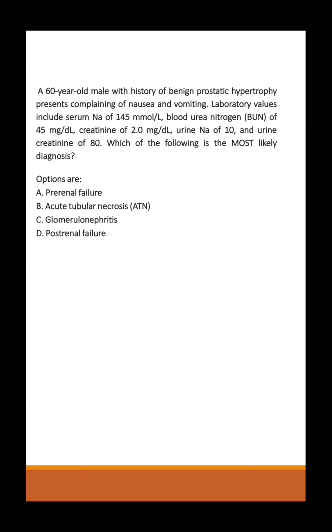Urine sodium is 10, a little bit higher, and urinary creatinine is 80. I have BPH and I'm now frequently vomiting, and your investigation reveals high creatinine, sodium up to the higher mark of 145, and urinary sodium a little bit high.